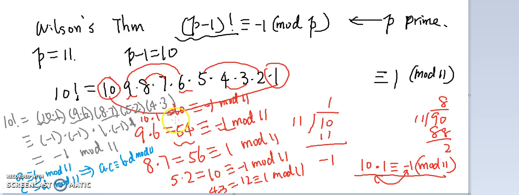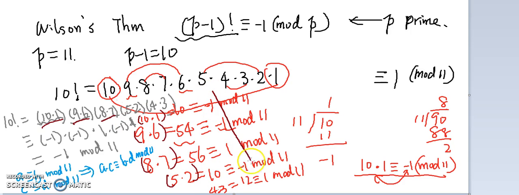So what I just did was multiply the left sides. You get 10 times 1, this pair, times 9 times 6, this pair, and 8 times 7, this pair, and 5 times 2, this pair, and 4 times 3, that pair, and we multiply all the right sides.